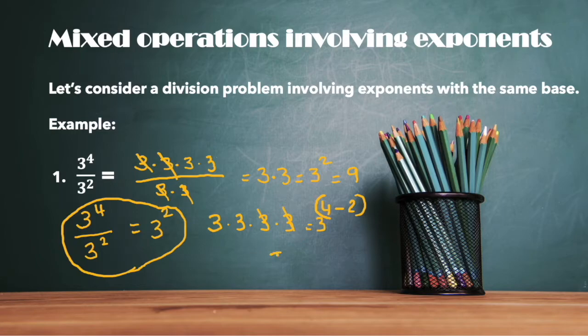And we get 3 to the power 2. So you can see here, we subtract the exponent of the denominator from the exponent part of the numerator. And we get 3 to the power 2, which is our answer.